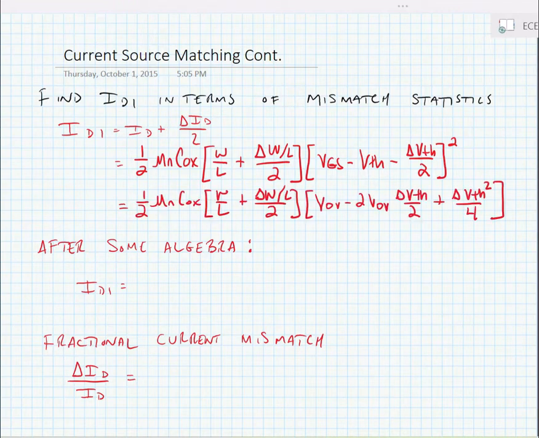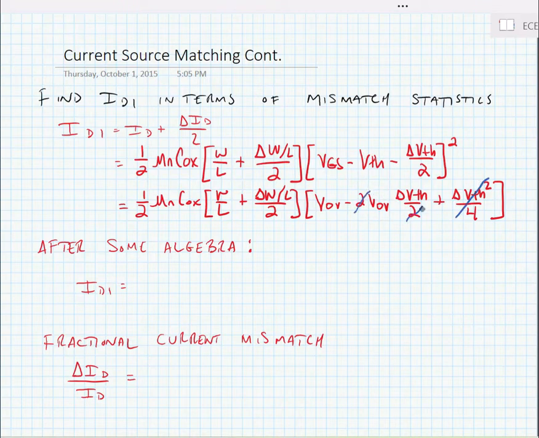Okay, so finally we're left with 1/2 mu n Cox W over L plus delta W over L over 2 times VOV minus 2 VOV times delta VTH over 2 plus delta VTH squared over 4. Note that we've made the substitution that VGS minus VTH is equal to VOV. Since we expect our mismatches to be small, then the square of a mismatch is really small, so we're going to neglect that term, and of course we can cancel the 2's in this expression.